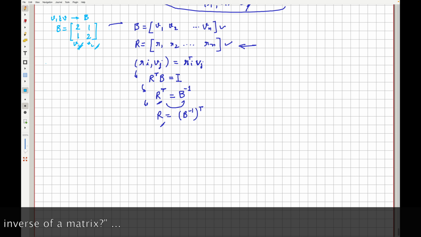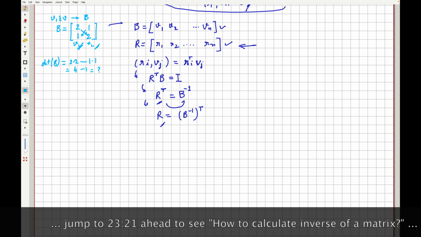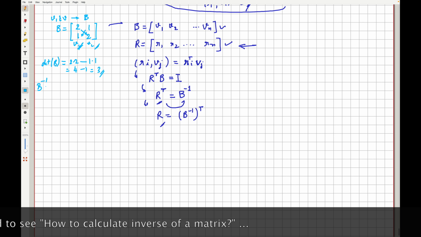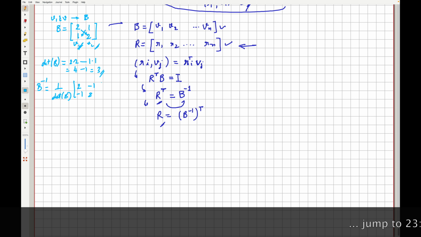What we can do is get the determinant of B, and that is equal to 2 times 2. So this way and this way we multiply. So 2 times 2 is 4, minus 1 times 1, so that is 4 minus 1, we get a value of 3. And so the B inverse then is 1 by determinant of B, and here we flip the signs of the diagonals. This is minus 1 minus 1.